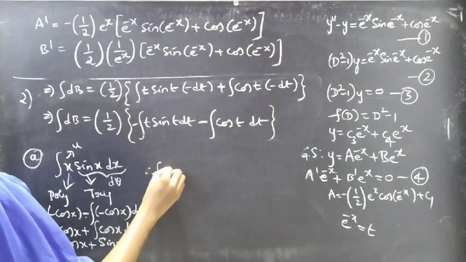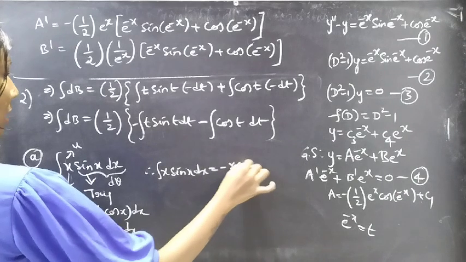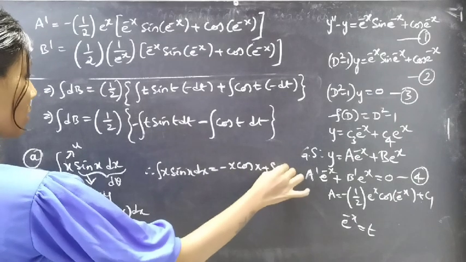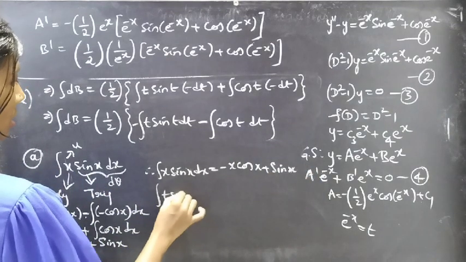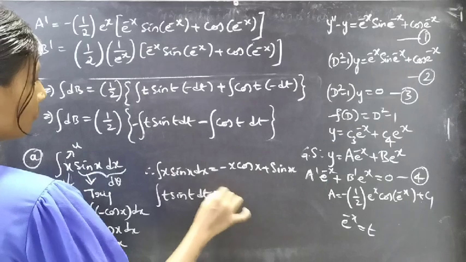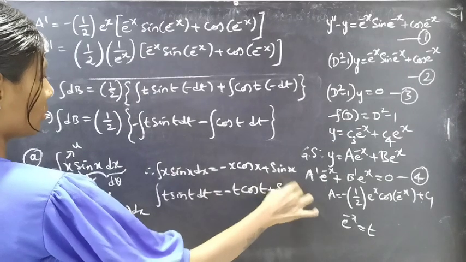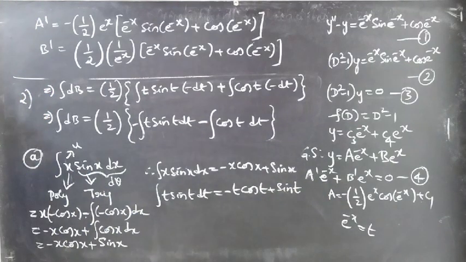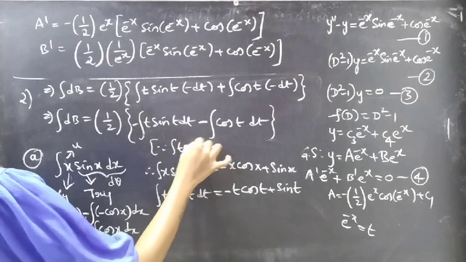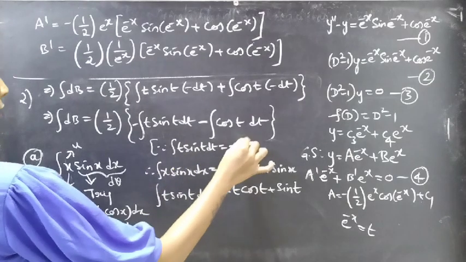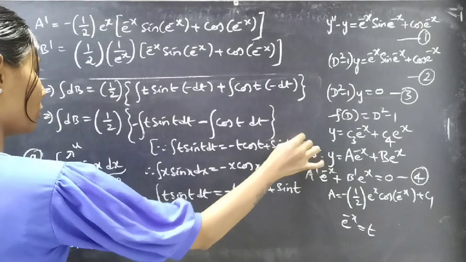Which gives us minus x cos x plus integral cos x dx is sin x, right? Therefore, integral x sin x dx is minus x cos x plus sin x. When we replace x by t, we'll get integral t sin t dt equal to minus t cos t plus sin t, right? Since integral t sin t dt equal to minus t cos t plus sin t.